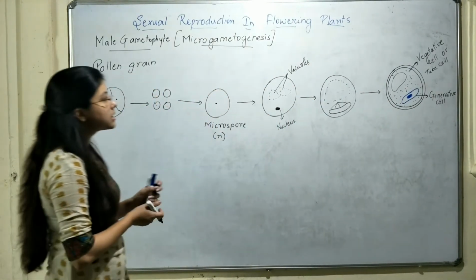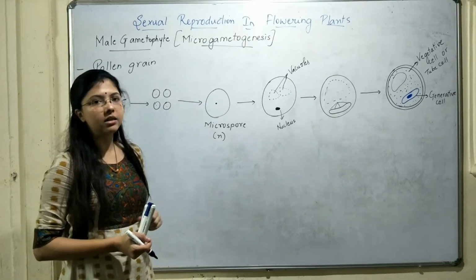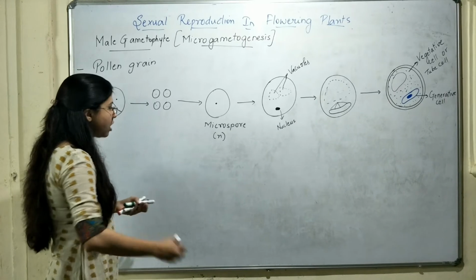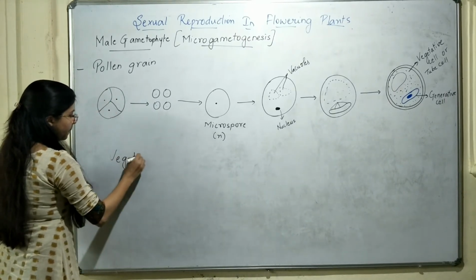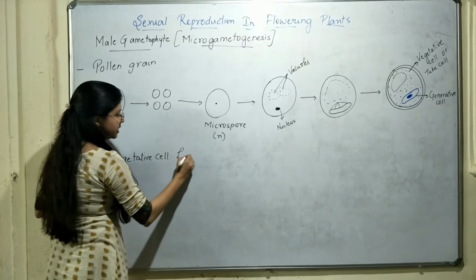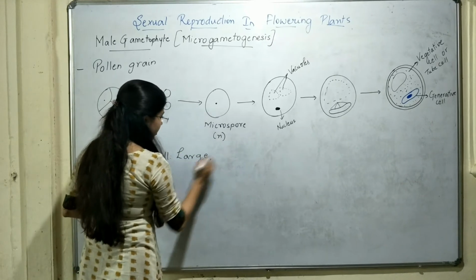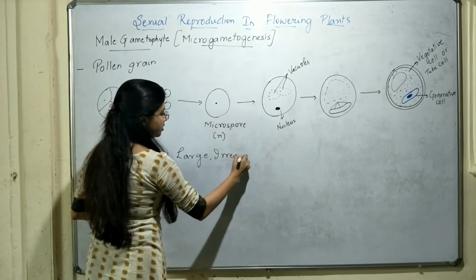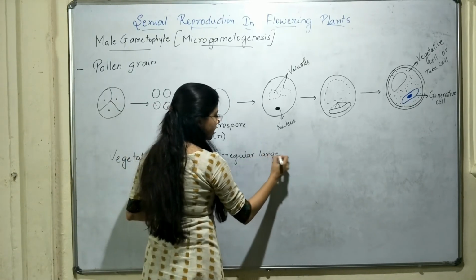So let us discuss the characteristics of the vegetative cell and the generative cell. When I talk about the vegetative cell, as I said, it is large in size with an irregular large nucleus.